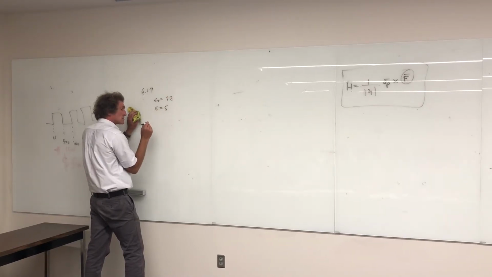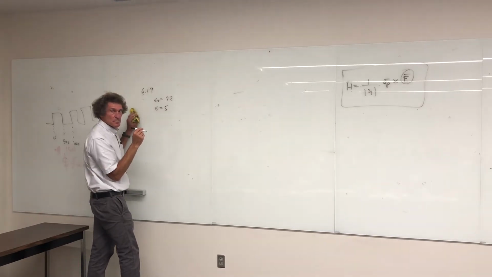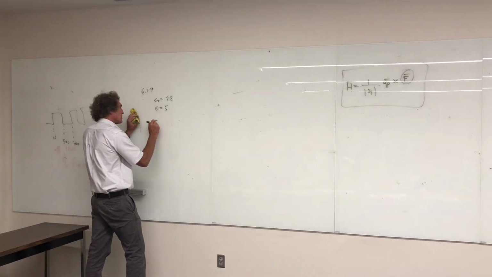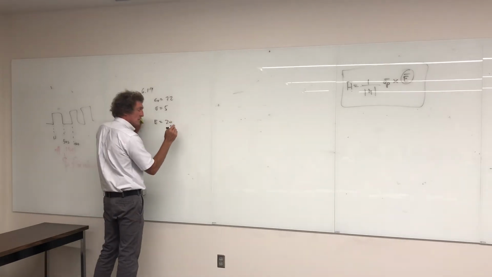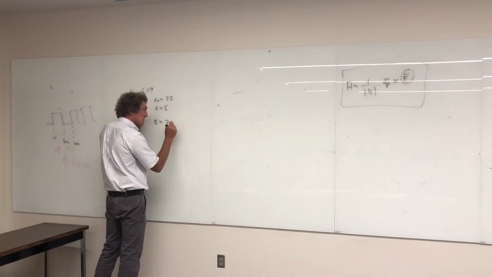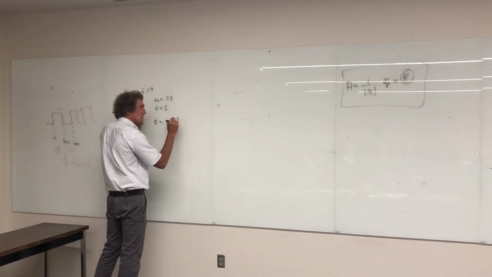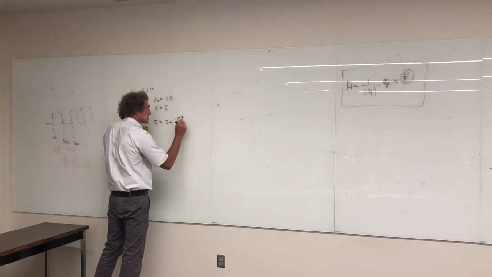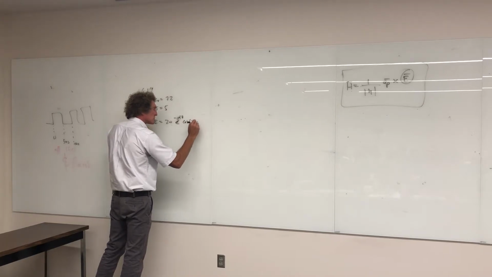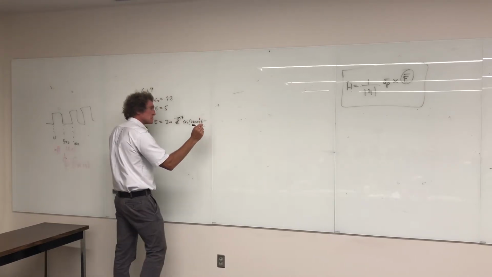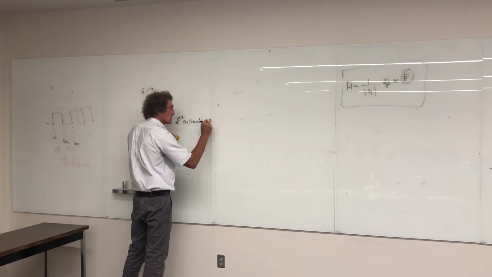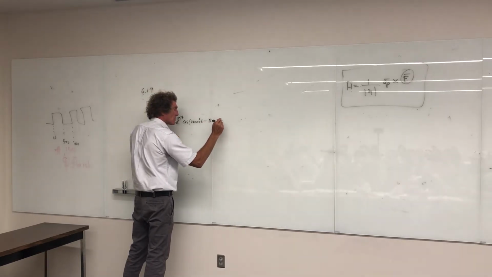E is equal to 20 cosine of 2 pi times 10 to the 6 t minus beta z, times e to the minus alpha z, plus 5 in the y direction.